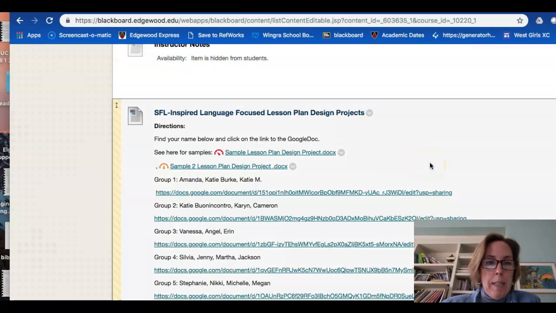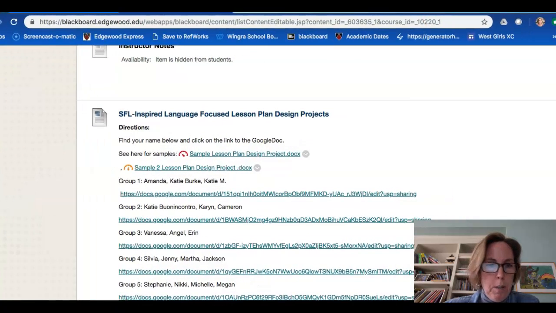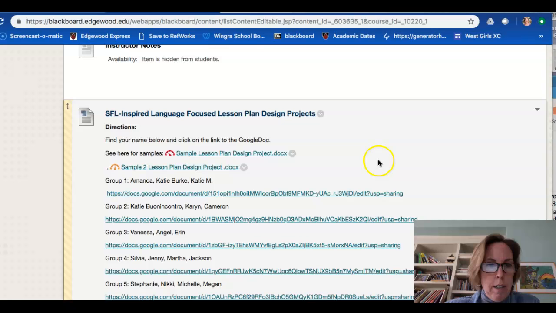In case I forget, these two are some samples of what this could look like. The groups I've put you in are focused on what you teach and what your interests are, to the best that I could, in groups of 3 or 4.